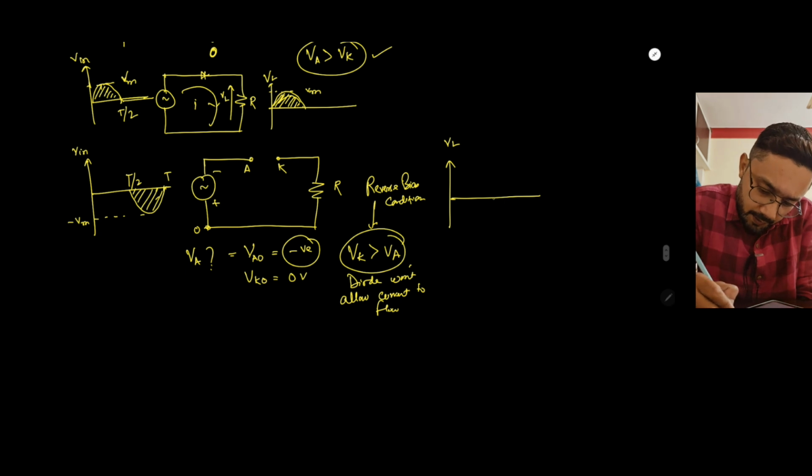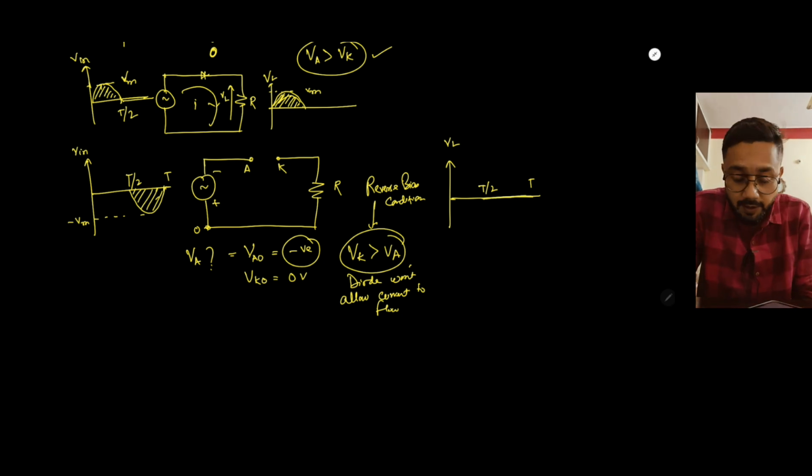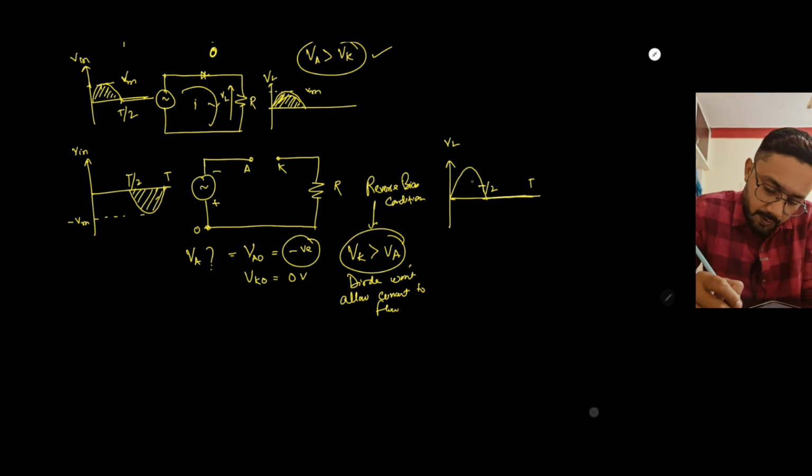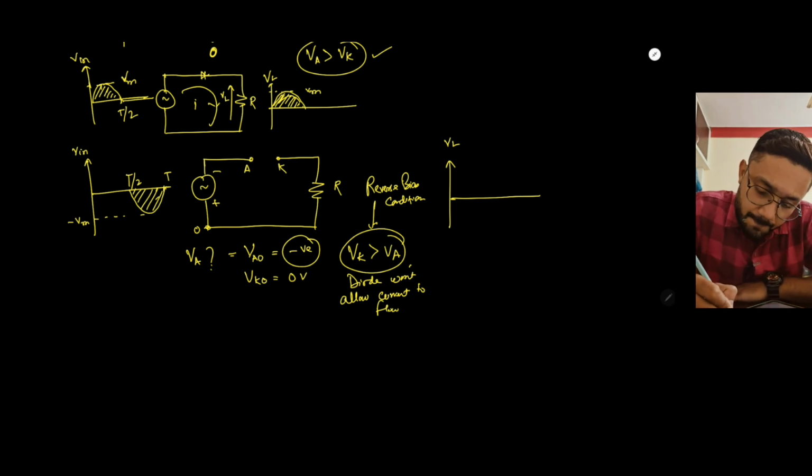So from T by 2 to T, there will be no voltage because the diode is not allowing the current to pass when the input is negative.